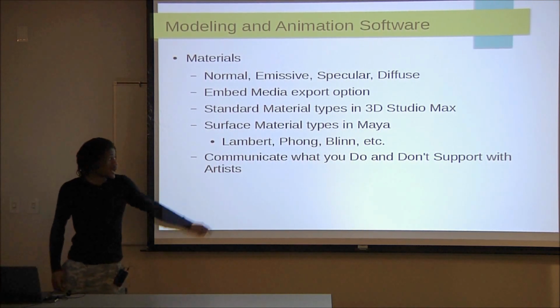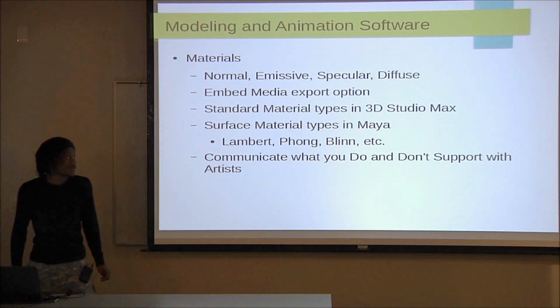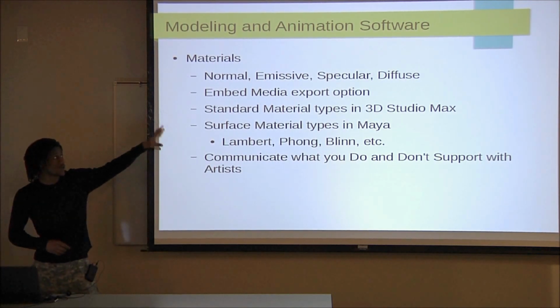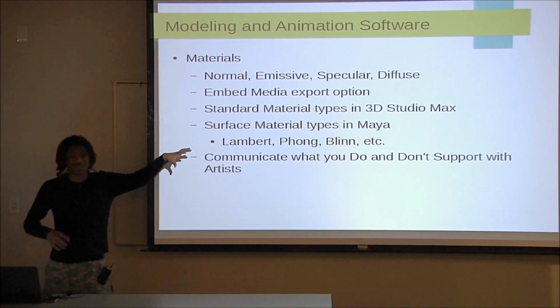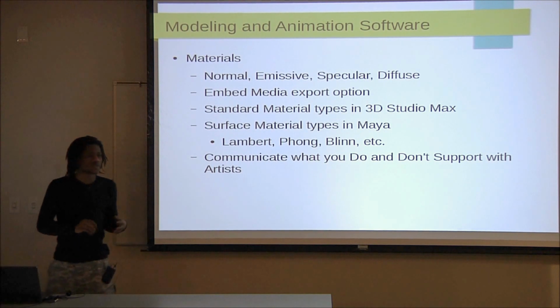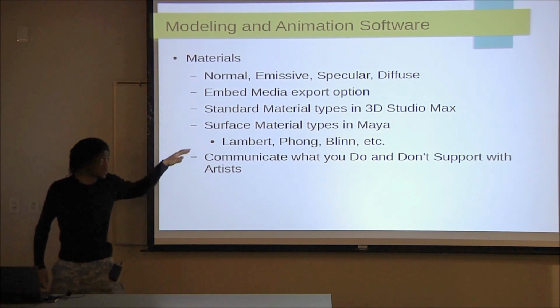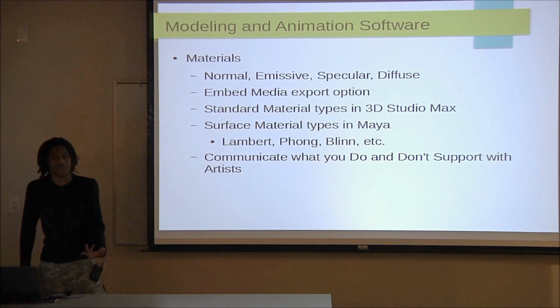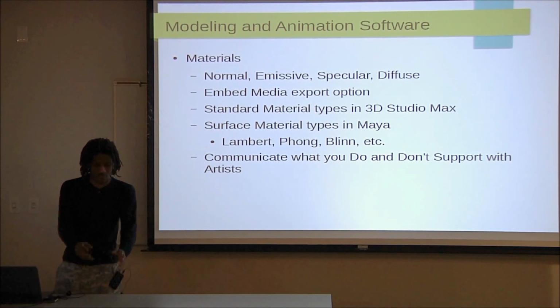The next thing is communicate what you do and don't support with artists. If you're working on a material system, if you're working on getting the material data directly from the FBX file, don't just say, oh yeah, you can just export the materials. Tell them exactly. If you only support Lambert and Phong, let them know that so they don't waste time. But if they are making a Lambert and Phong, they can go ahead and just export it.